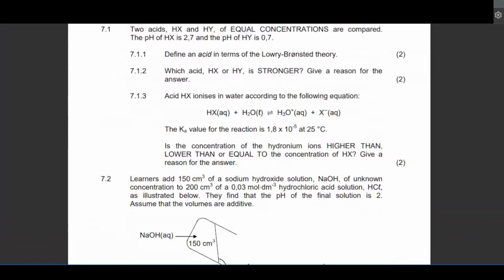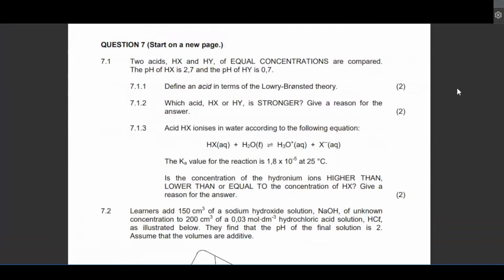Yeah, let's go to the next question, which is on acids and bases. When you're talking about acids and bases, two acids, HX and HY, of equal concentration, are compared. The pH of this is 2.7 and the pH of this is 0.7.